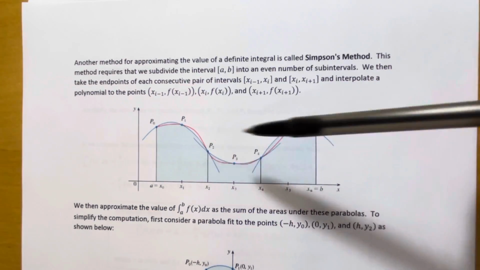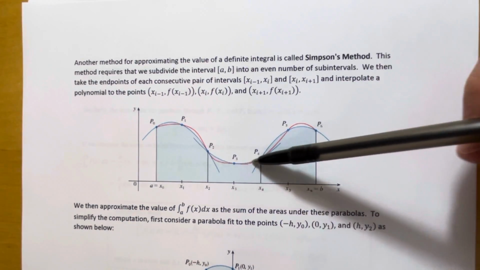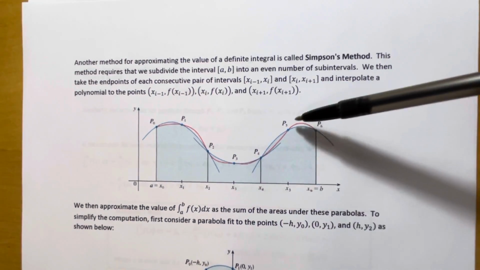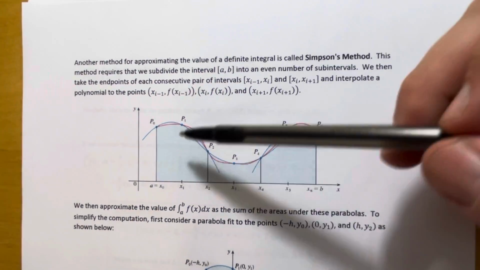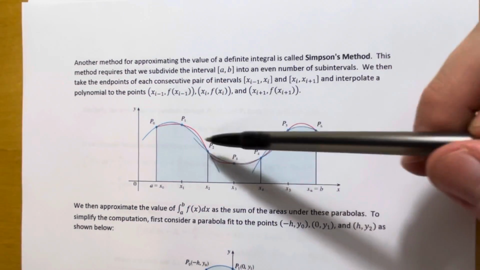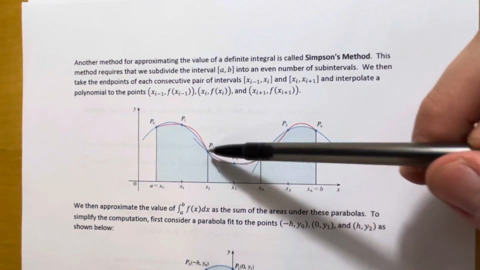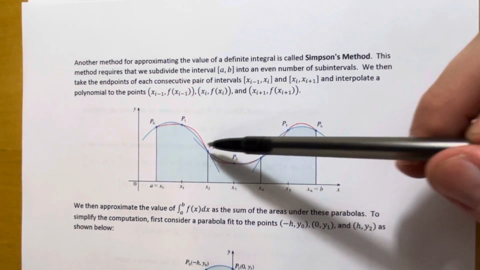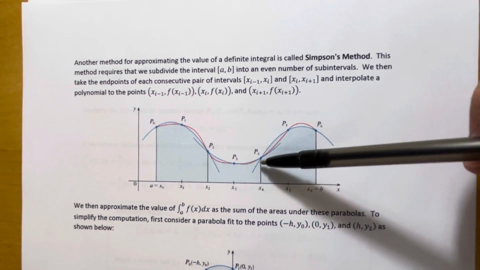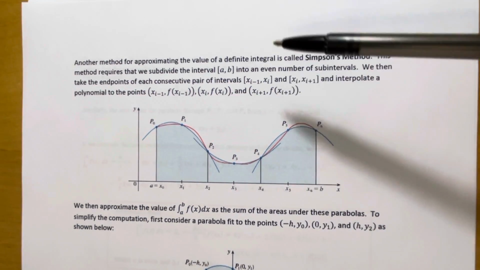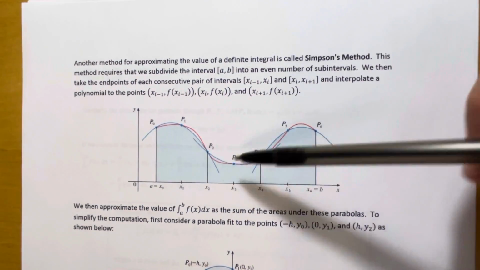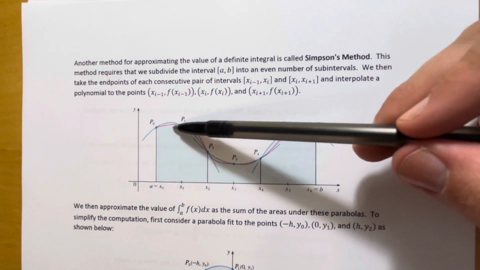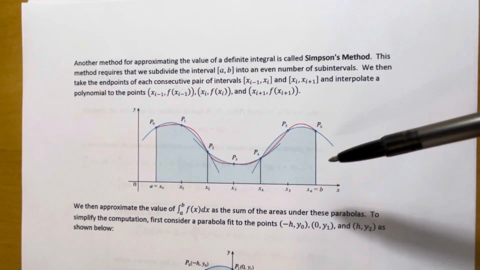I have this red parabola here, I have a red parabola here passing through P2, P3, P4, and then another red parabola right here. Oh, no, I'm sorry. The picture is making this kind of tricky. So the red one is the actual curve. The blue curves are the parabolas. But you can see where they pass through those points. We're going to use the area under those parabolas to approximate the area under the actual curve.